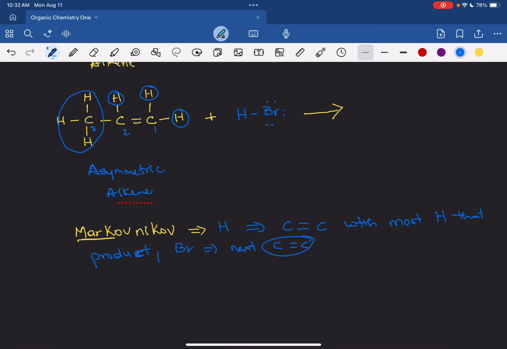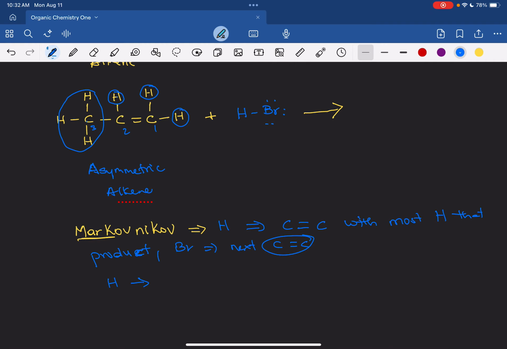Markovnikov's rule is also interpreted as: the hydrogen will add to the least substituted carbon of the carbon-carbon double bond, and then your Br in this case will add to the more substituted carbon.